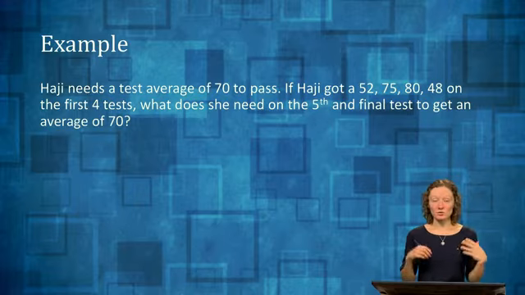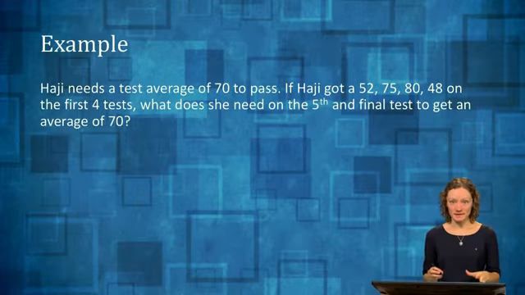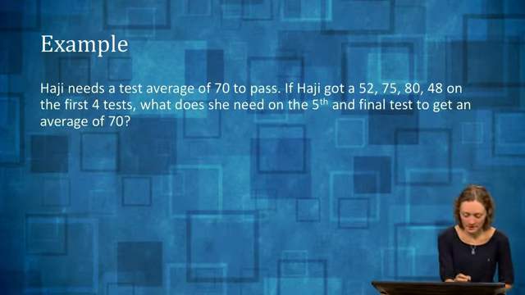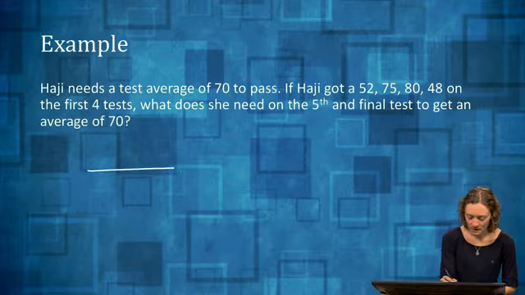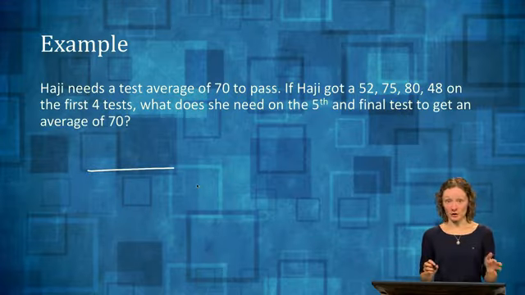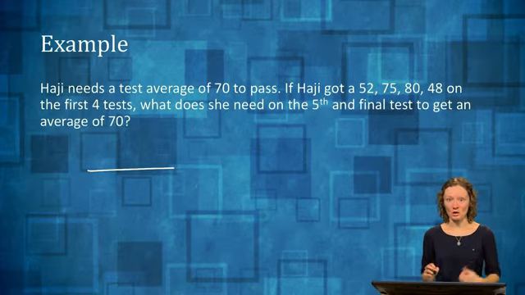So if the class were only based on test grades, which probably is not the case for most of your college classes, but if that were the case, this is how you could find it. Basically, I would start out by saying, how could you find her test average for the class if we did know all of her grades? This would be a simple mean computation.